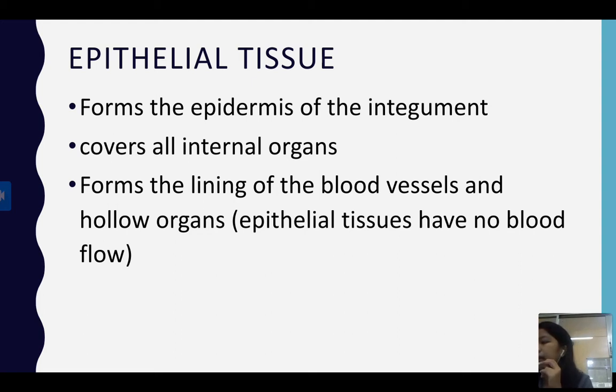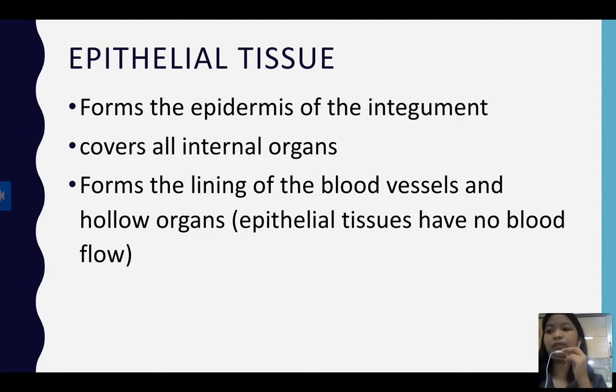Okay? And then next, we have here the different types of epithelial tissue. So epithelial tissue comes in 8 types that are defined by the way epithelial cells are combined and shaped. So we have different types of cell or epithelial cell.